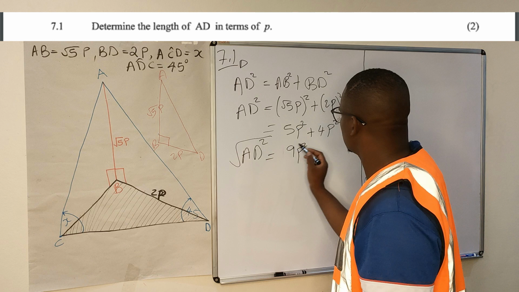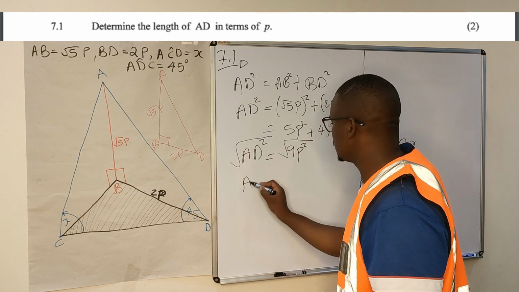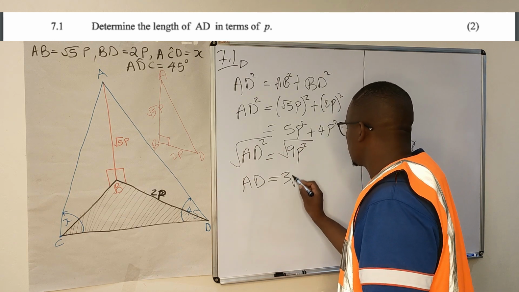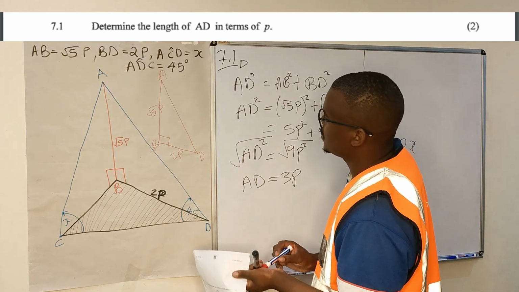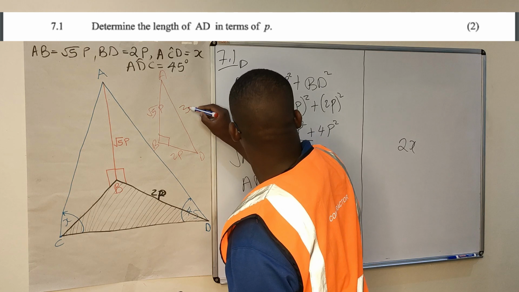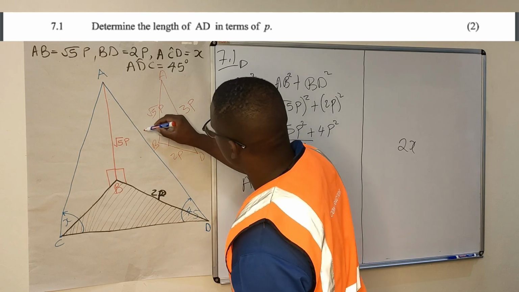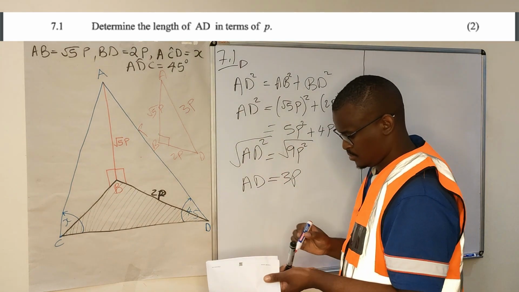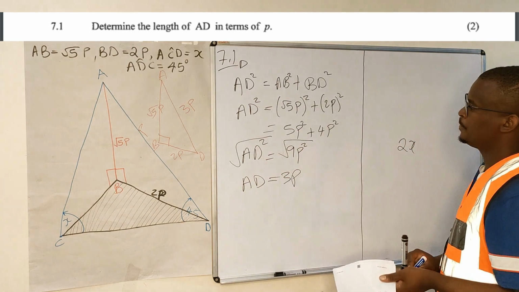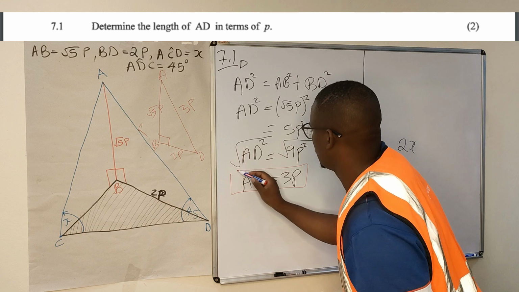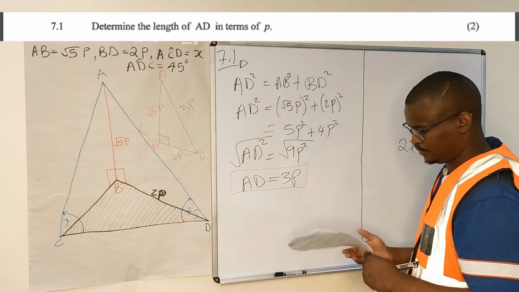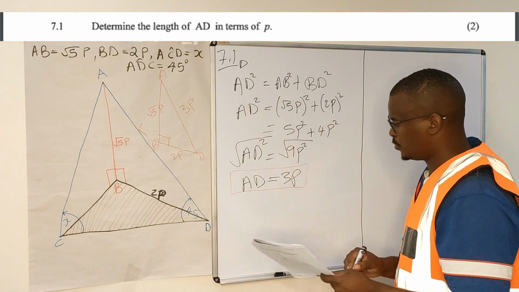Then take the square root. So AD is equal to 3p, which is the side here. Done with 7.1. Go to 7.2.